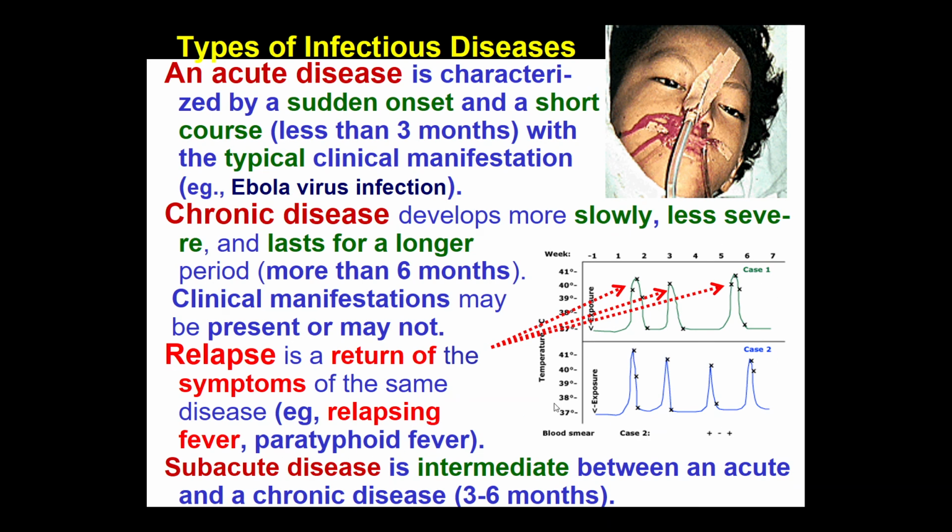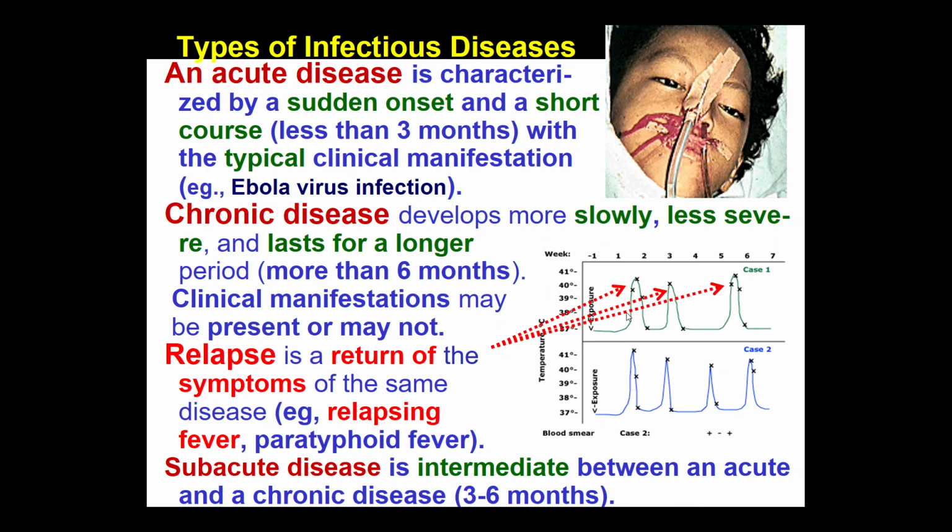But here you see a figure. In the horizontal line you see weeks of the disease development, in the vertical, body temperature. You see episodes of high body temperature: in the upper part 3 episodes, in the lower part 4 episodes. During the first week, temperature remains normal.